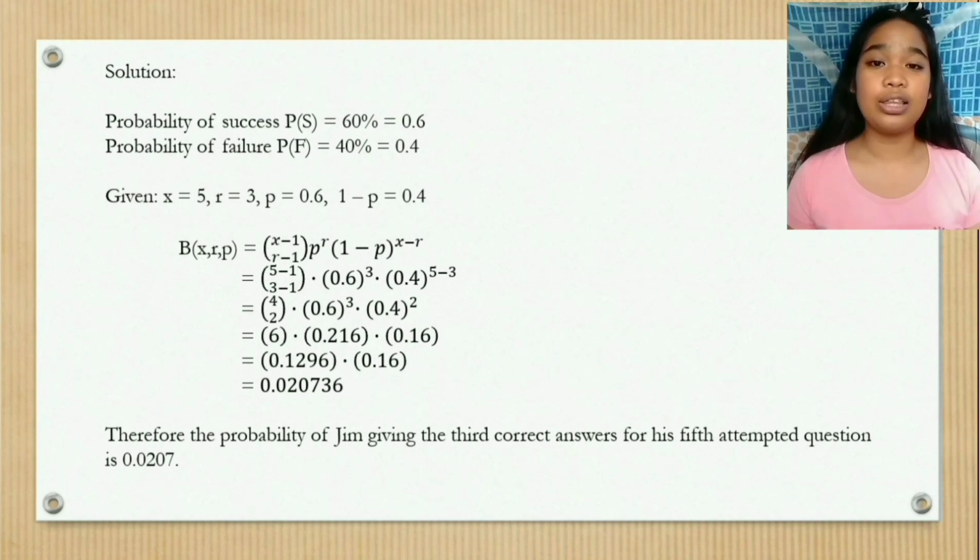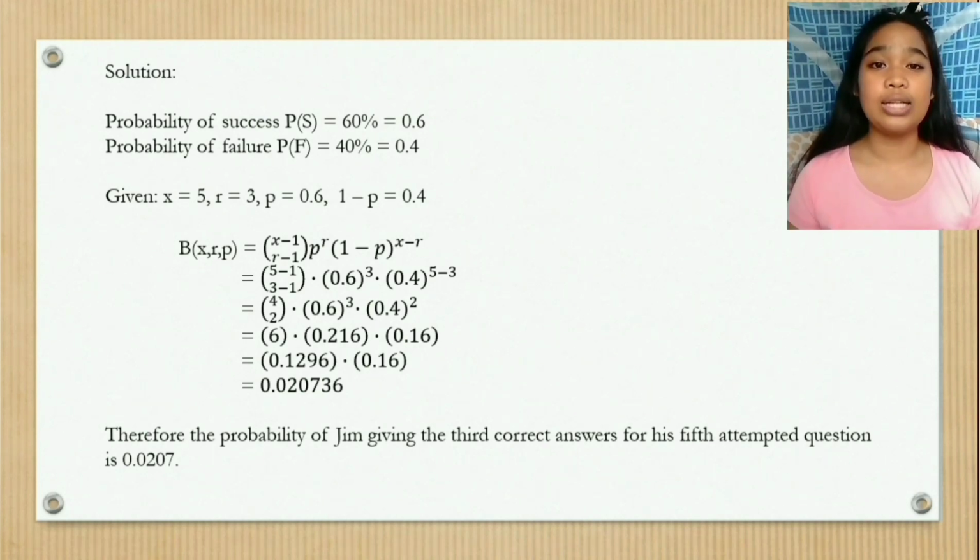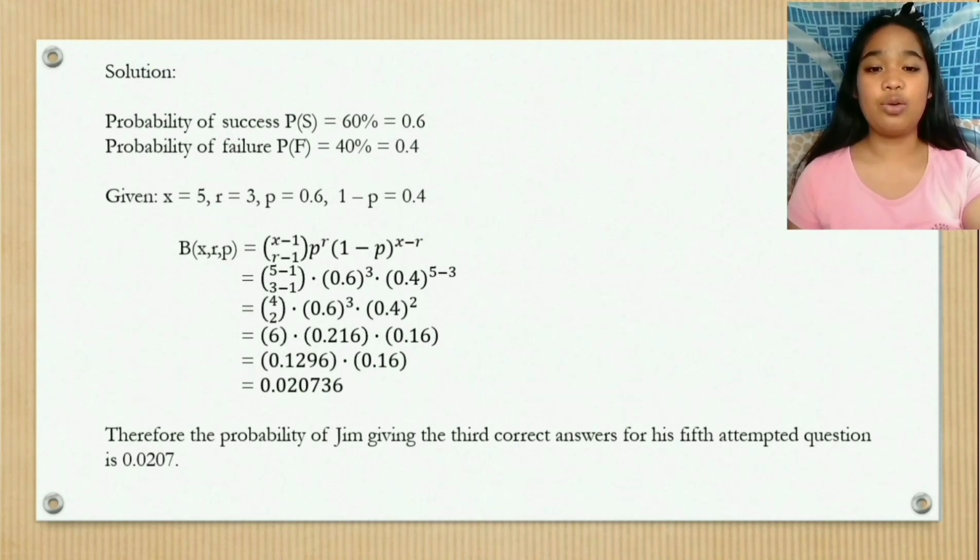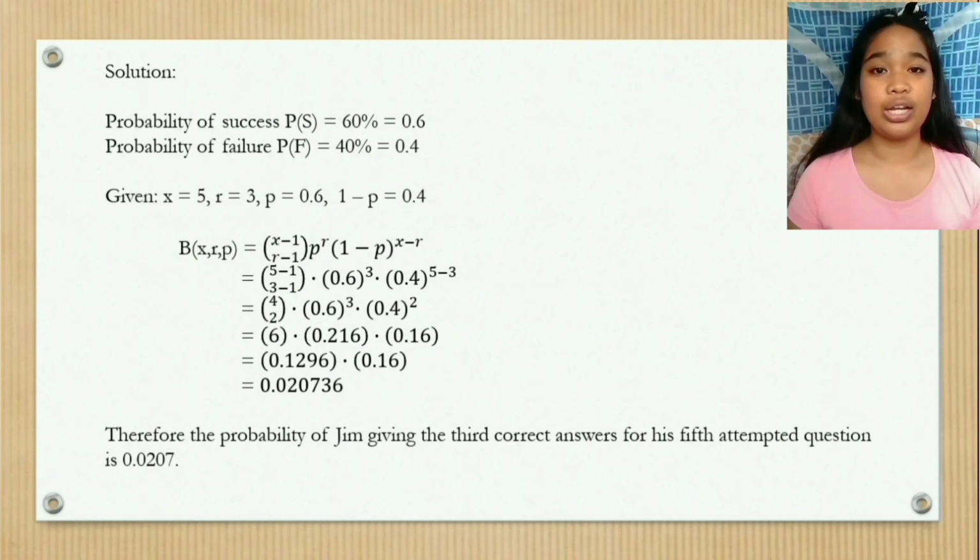We solve it using the negative binomial formula equals x minus 1 choose r minus 1 times p raised to r times 1 minus p raised to x minus r, equals 5 minus 1 choose 3 minus 1 times 0.6 raised to 3 times 0.4 raised to 2, equals 6 times 0.216 times 0.16 equals 0.020736.